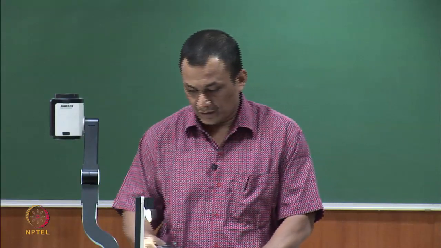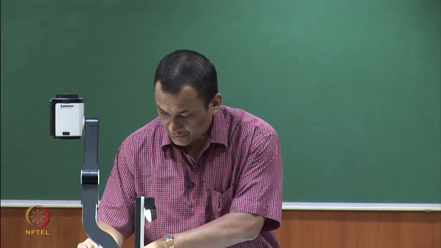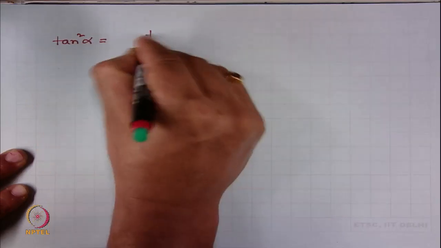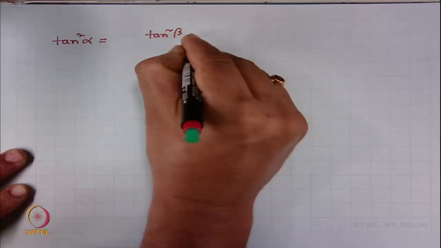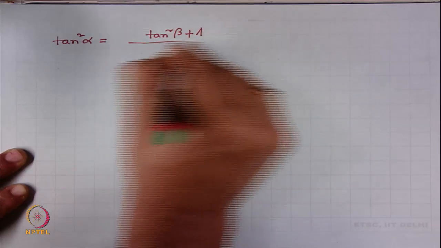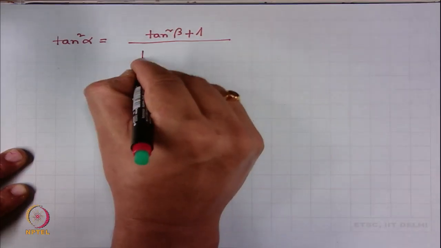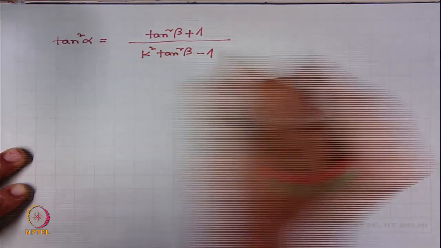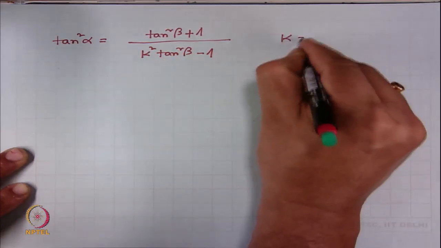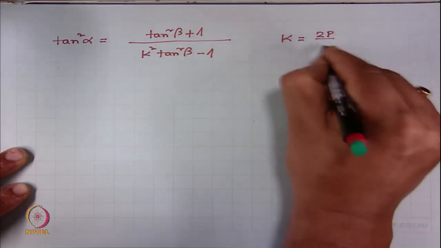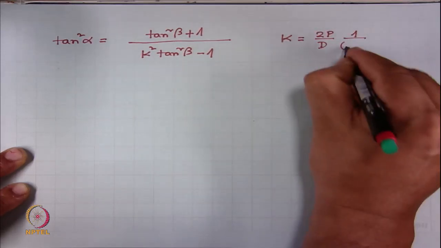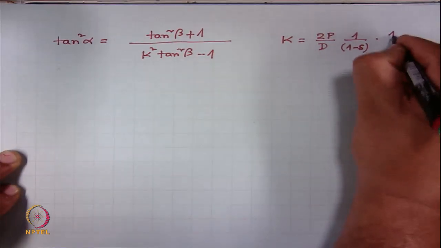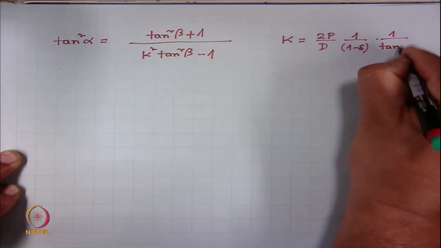So, the fundamental equation was tan square alpha equals tan square beta plus 1 over k square tan square beta minus 1, where k is equal to 2 p by d, 1 by 1 minus retraction, into 1 by tangent of beta d.